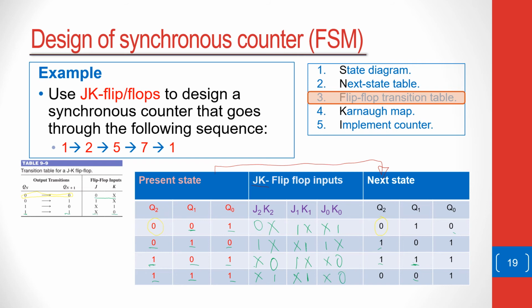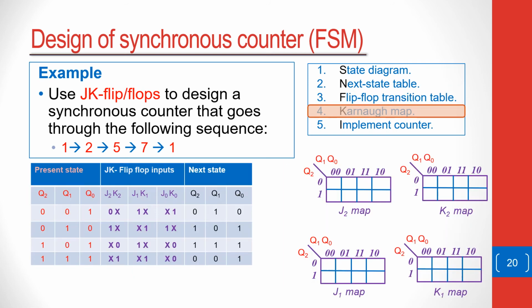So now that you have completed your inputs to the flip-flops, the next step is to use the K-map. We have now completed our flip-flop transition table. We now need to complete the K-map for each and every single input.